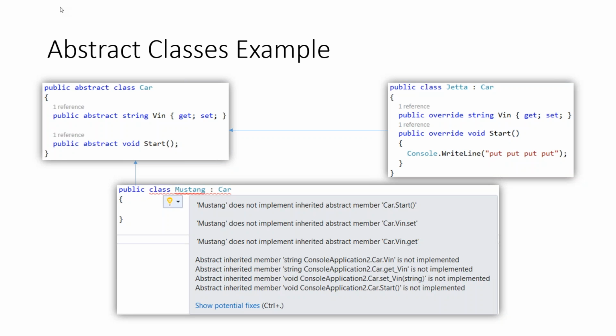When we say abstract, we're saying there is no behavior in the parent, so the child has to provide an override, right? So very easily we could sub out the word abstract for virtual in the car class, and override means I'm providing my own way of storing or getting the VIN, and I'm providing my own way to start in the Jetta class. Does that answer the question? Absolutely, thank you.